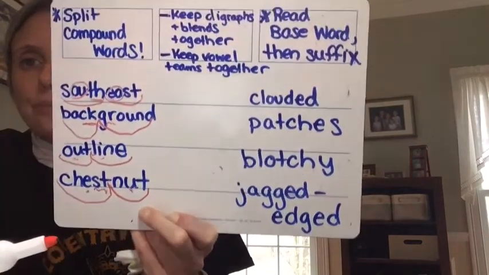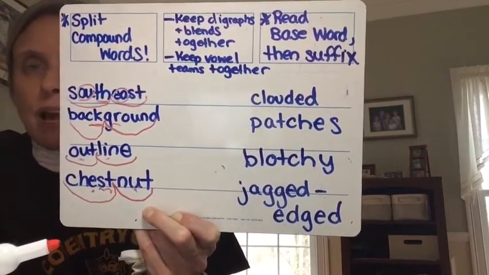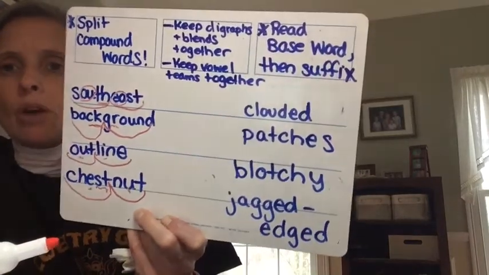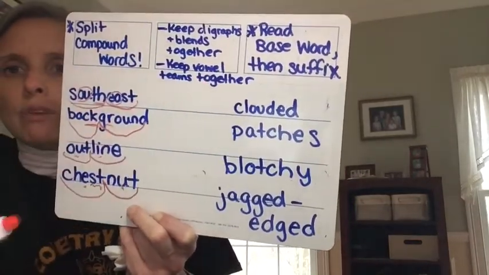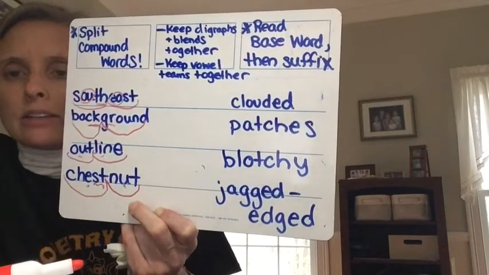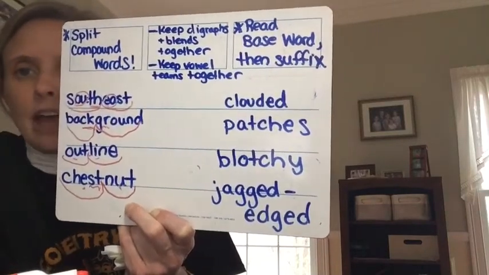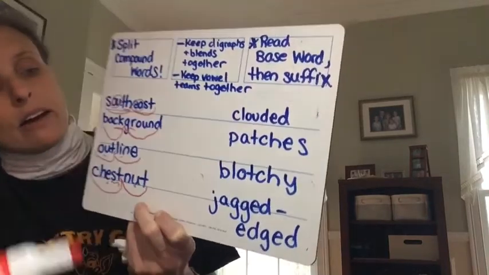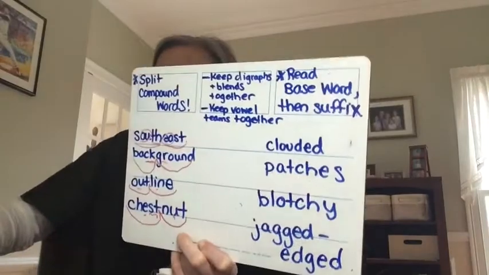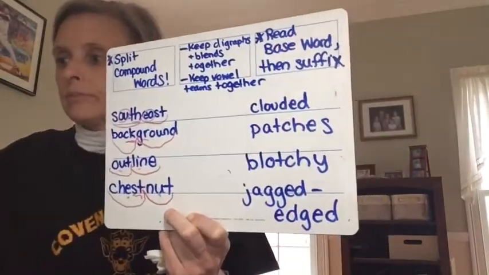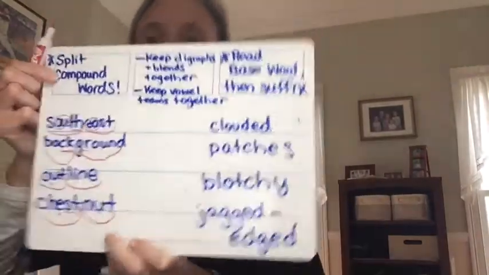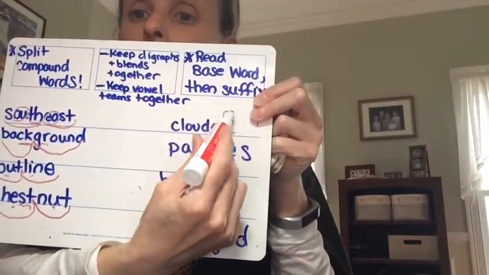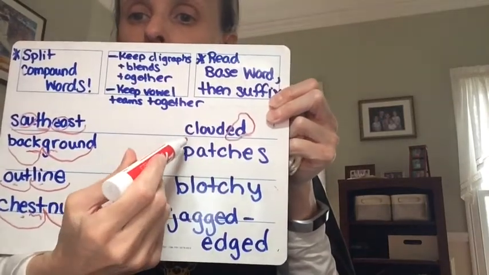Okay, so southeast, background, outline, and chestnut. Keeping in mind that we split compound words up is the easiest way to read those. Okay, the other tip is to read the base word and then the suffix, so you don't forget to read that ending. And of course, it's really important to chunk out the base word. So if you're doing that, you'll say, oh, I know ED, I don't need to worry about that yet.